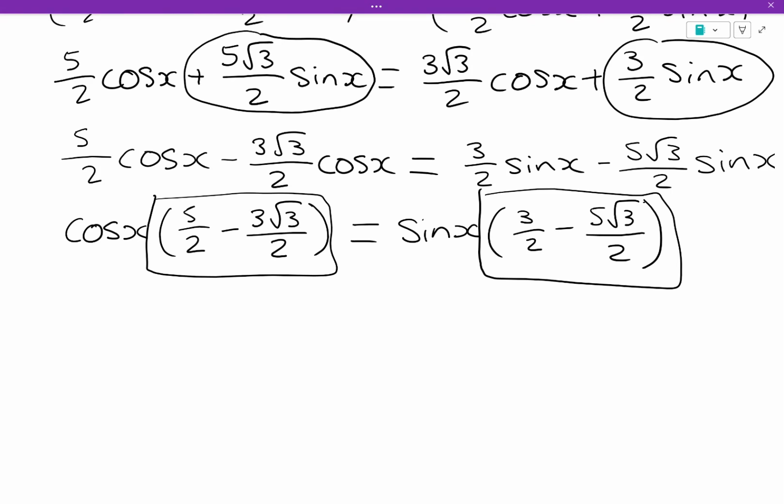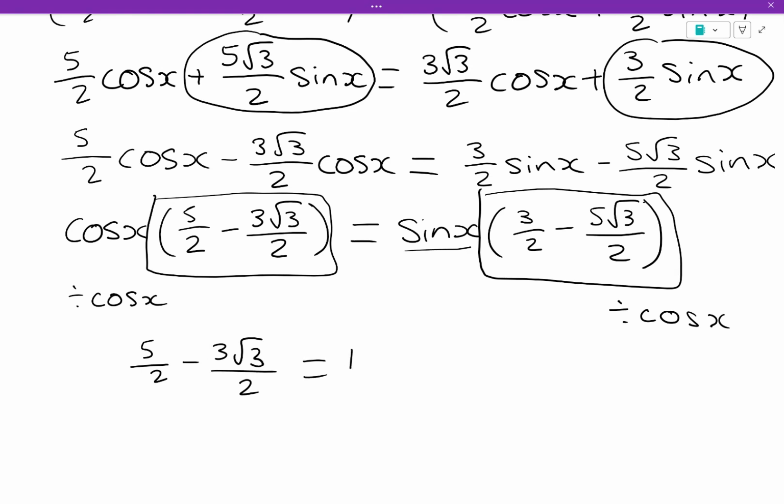So what I'm going to do next is divide by cos x on both sides. On the left-hand side, cos x over cos x is just going to become 1, so we're just left with my brackets, which is 5 over 2, subtract 3 root 3 over 2, is equal to, and on my right-hand side, sine x divided by cos x is tan x. And then in brackets, multiplying it, I'd have 3 over 2, take 5 root 3 over 2, like that.